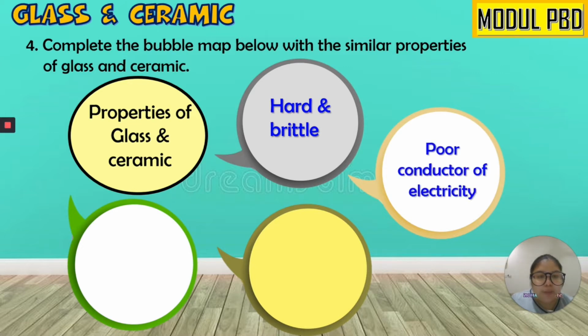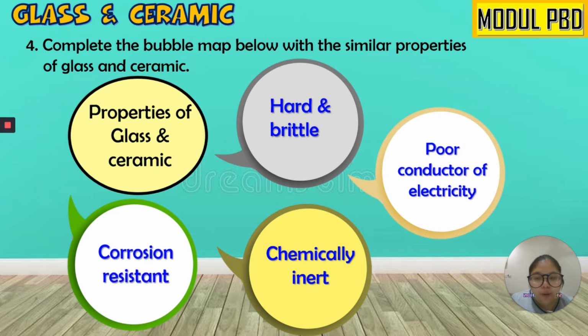Number 2, both are poor conductors of electricity, which means both cannot conduct electricity. Number 3, both are chemically inert. They do not react with chemicals; although you put any chemical inside the glass or ceramic, they don't react. Last one, both are corrosion resistant, they prevent corrosion.